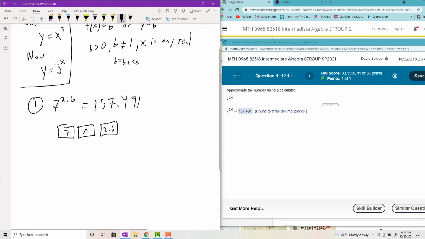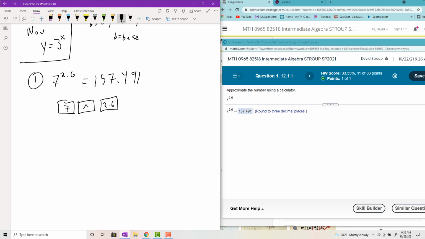Okay, great. They're going to throw some more challenging ones in there, like problem 2. We have 8 to the square root of 8. For this one, I would type in 8 and then hit caret, and then looking for my square root button. Apparently, I have to hit the second key to get that.